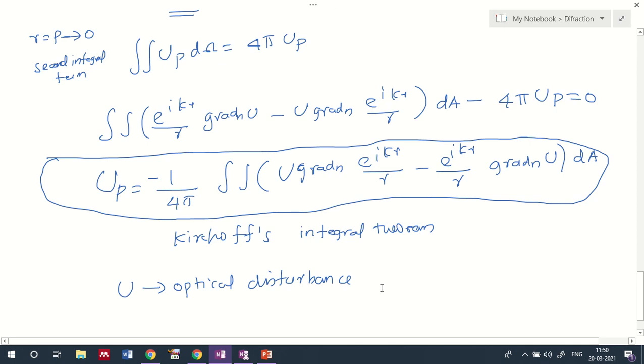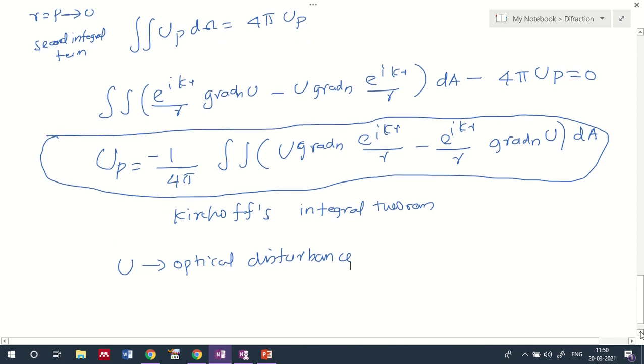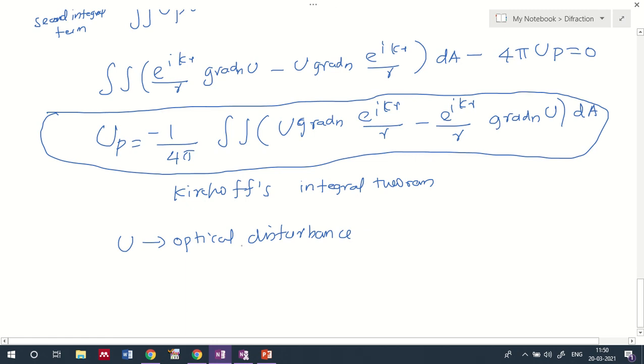And if you take u squared of this, you get the irradiance value, that is the intensity. So u here represents the optical disturbance. If light is traveling and incident on an obstacle or an aperture, that light gets deviated.